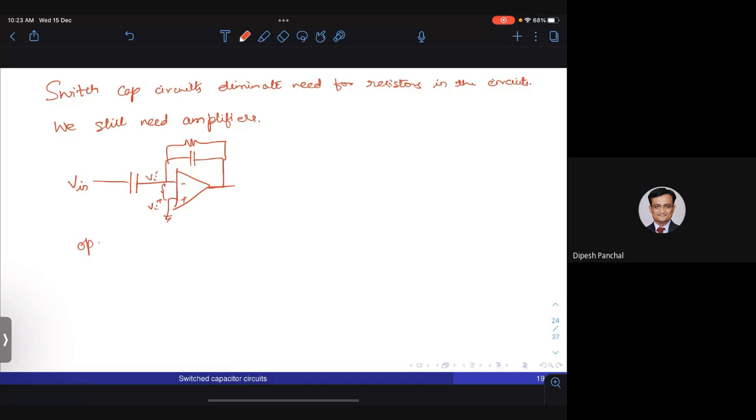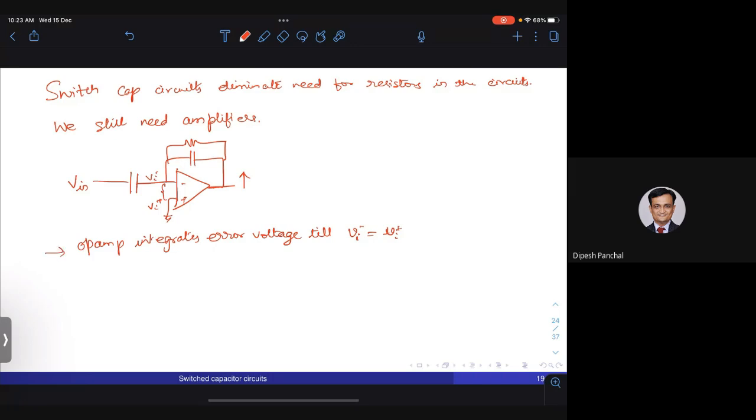So it integrates till Vi minus becomes equal to Vi plus. This is what we call virtual short, virtual ground, whatever you call it. Basically the output voltage changes until Vi plus becomes equal to Vi minus, at which point the circuit reaches a stable state and it stops there.